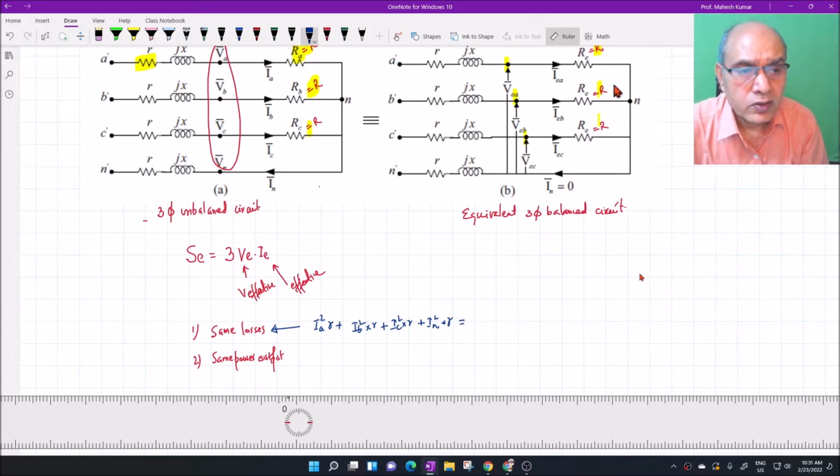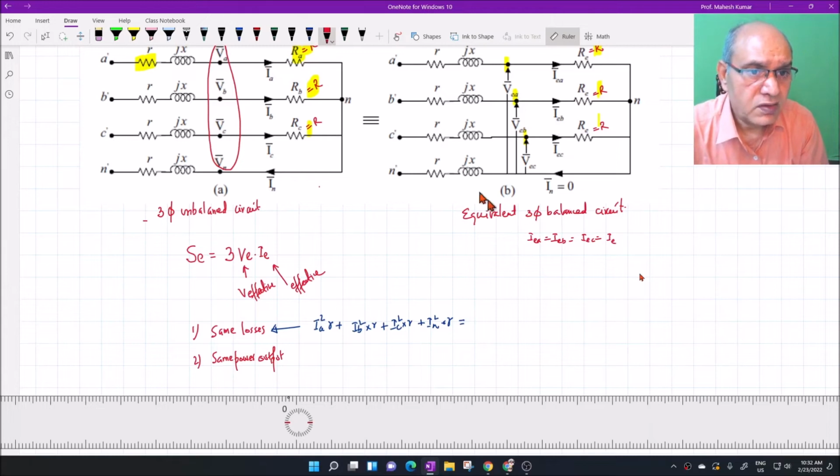And for the balanced circuit, the currents are I effective A, I effective B, I effective C, but they are balanced currents. So we can write that IEA equals IEB equals IEC equals I, or I effective, RMS values. Phase angles will be symmetrically displaced by plus minus 120 degrees.